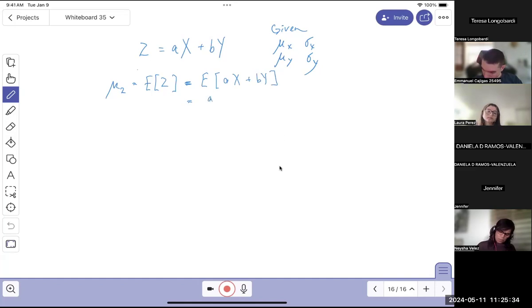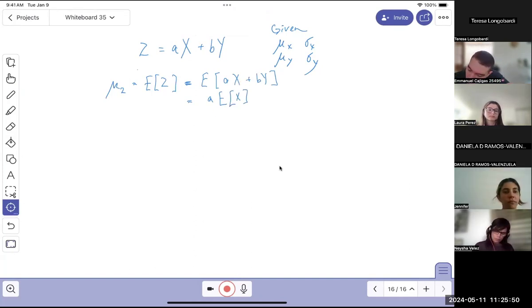So I'm going to take A and multiply it to every value of X. So then I also do it to the mean, right? And I'm going to take every value of Y and multiply by B. So I'm also going to do that to the mean.